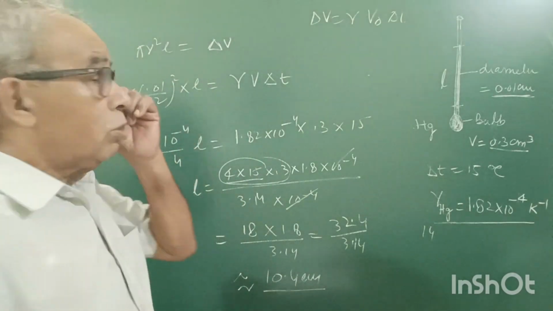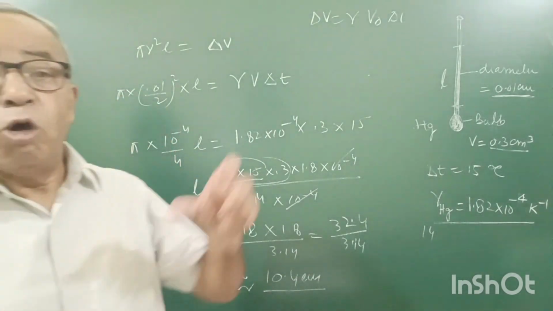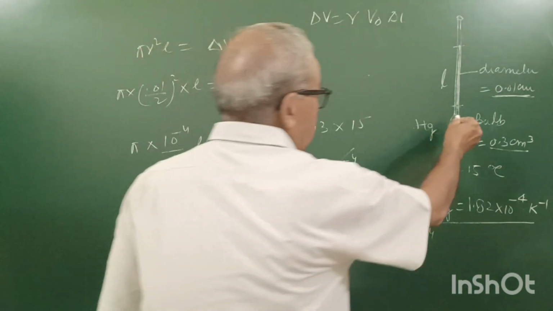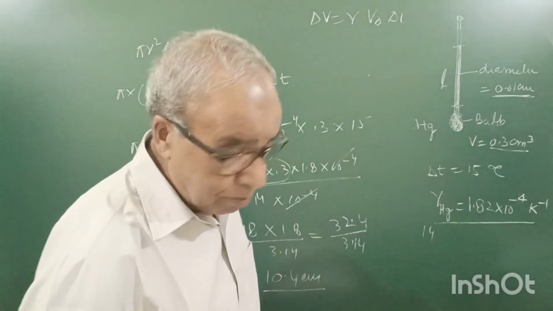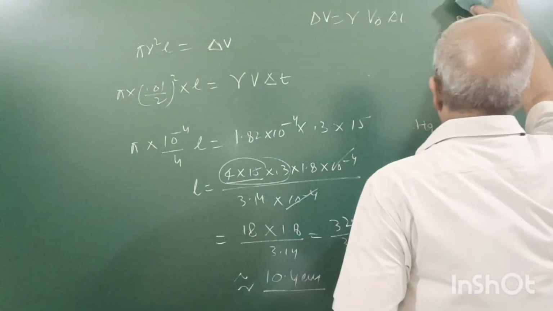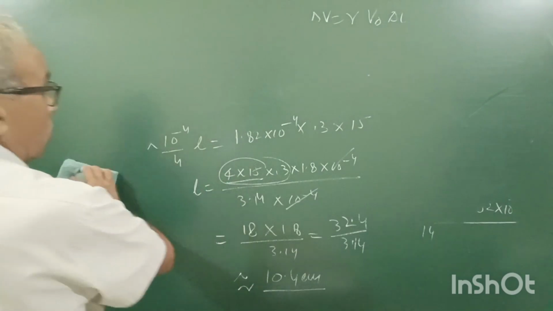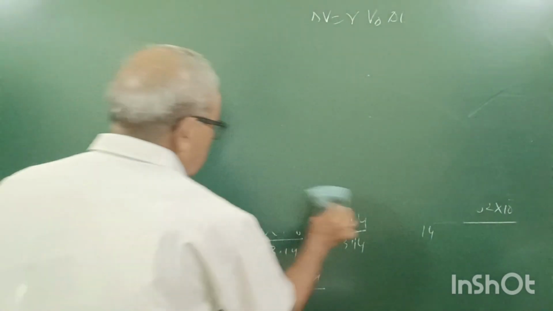So we have used two factors there. The volume of the thread, pi r square L, equals the increase in volume of the bulb. This is one question. Now I am coming to another question which is very important. A glass beaker is filled with mercury.